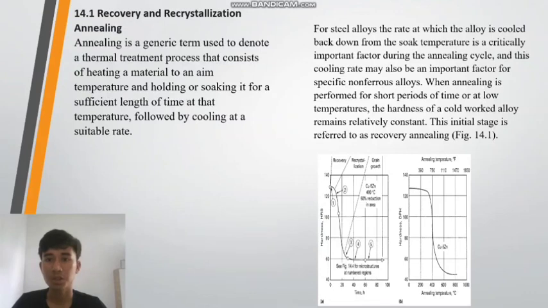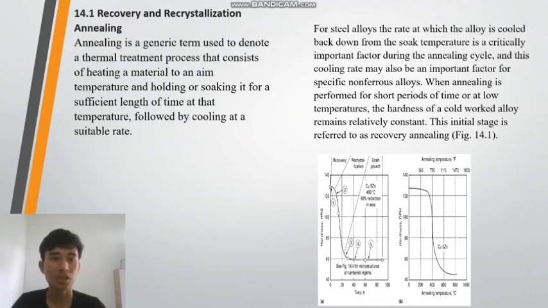Next, 14.1 Recovery and recrystallization annealing. Annealing is a generic term used to denote a thermal treatment process that consists of heating a material to an elevated temperature and holding or soaking it for a sufficient length of time at that temperature, followed by cooling at a controlled rate.